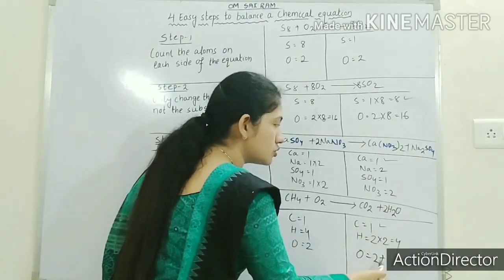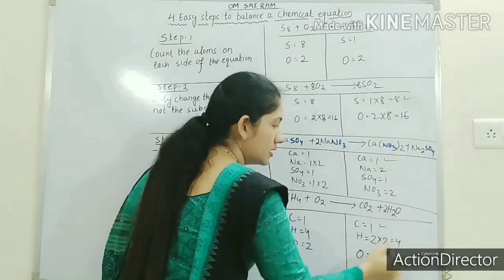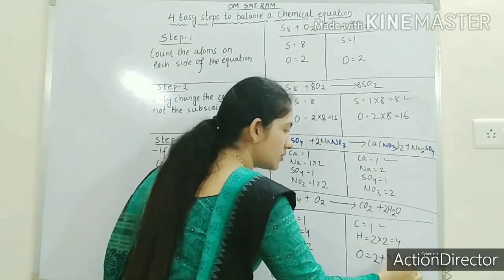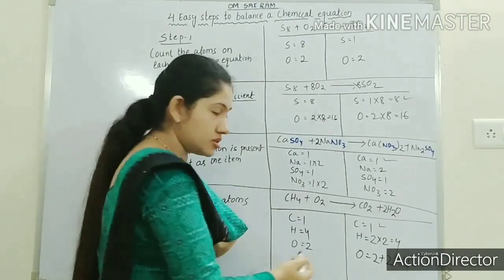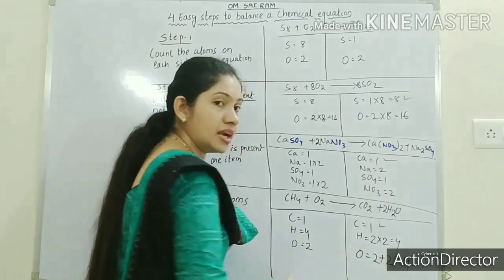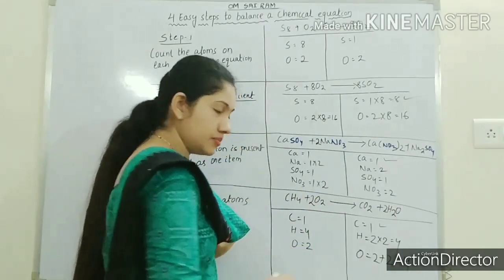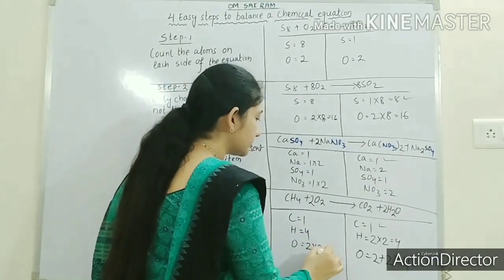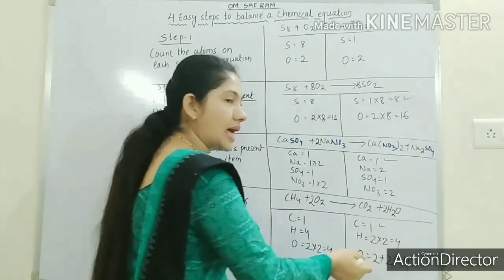Here the number of oxygen is 2 and this side, after adding 2 here, it is 4. Now it is unbalanced, this side 2 but this side 4. So again what we can do? We can add 2 here. Okay. 4. Got it? Now balanced.